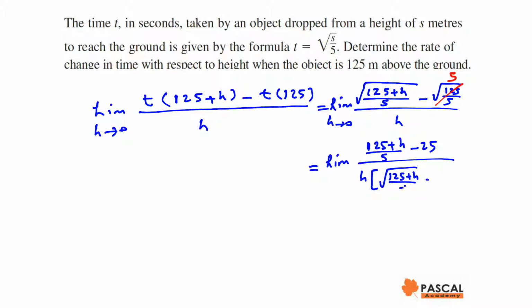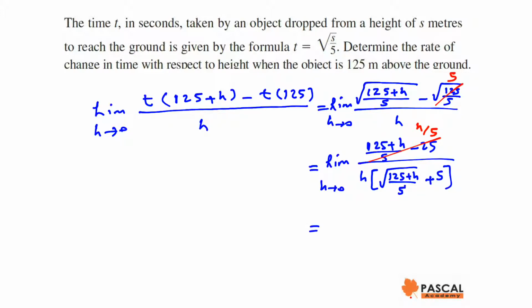The conjugate of the numerator is the square root of (125+h)/5 plus 5. If you take the common denominator, 125 and 125 get cancelled, and the numerator can be written as h over 5.